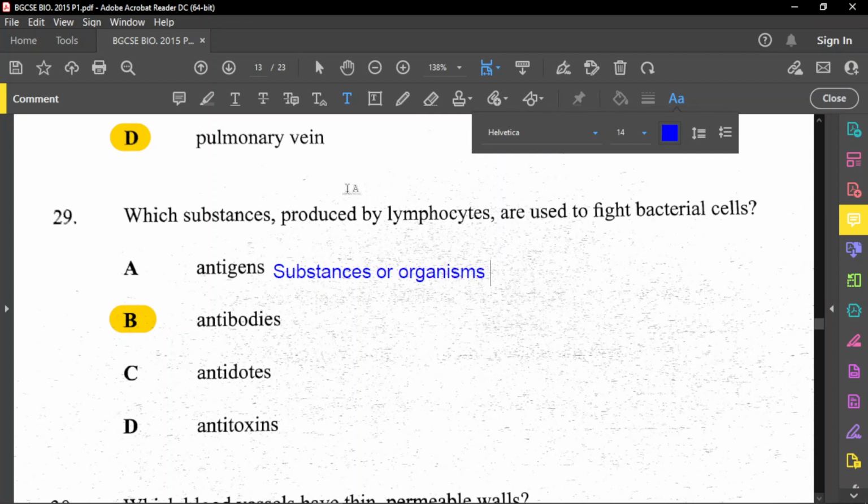When I say organisms, I refer especially to microorganisms, which we call pathogens, that can cause an immune response, or the production of antibodies.